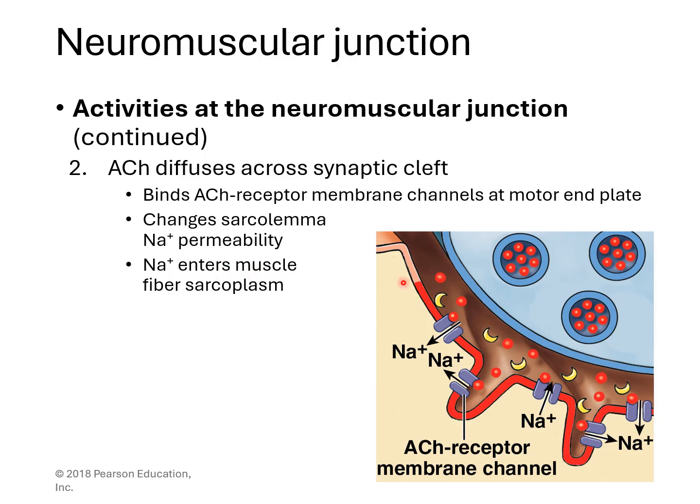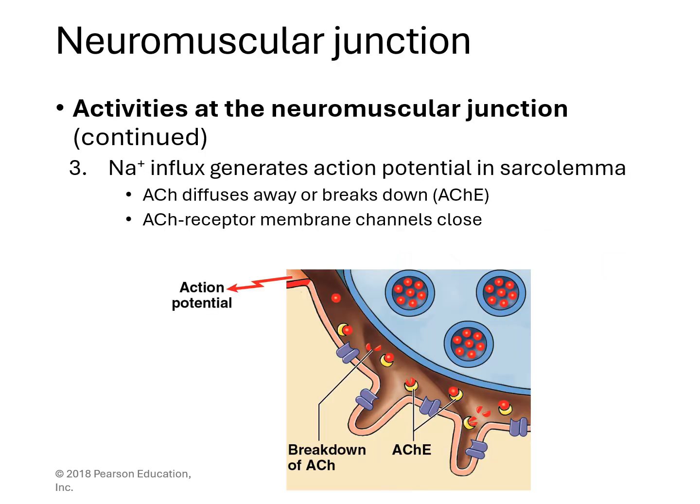And by sodium coming into this cell, it's going to make it more positive, or depolarize it. Once it's depolarized, it's then going to send another action potential down the sarcolemma. Then acetylcholine is going to diffuse away, and then it's going to break down by acetylcholinesterase. The acetylcholine receptor membrane channels will close, and then the action potential is going to move down.